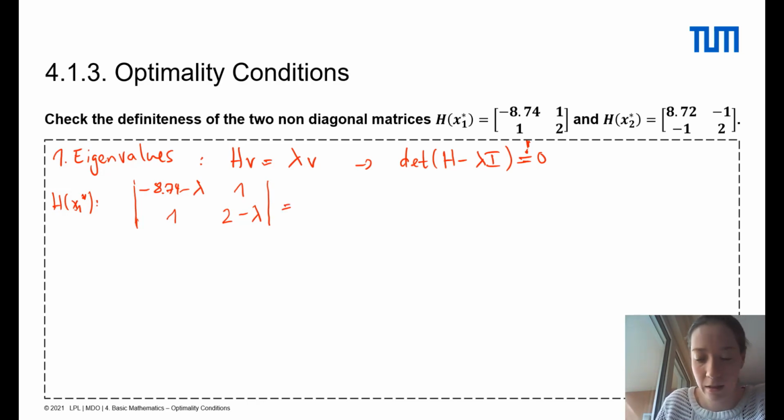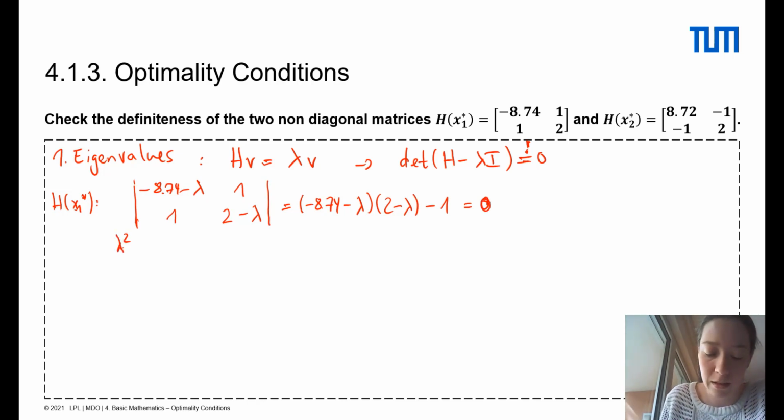And this is the determinant, so this times this minus this times this has to be 0. And this is again just a quadratic equation.